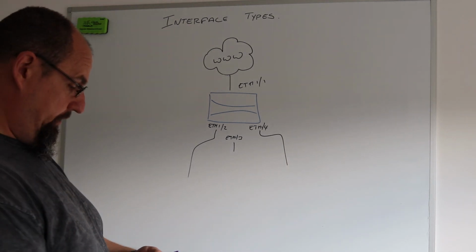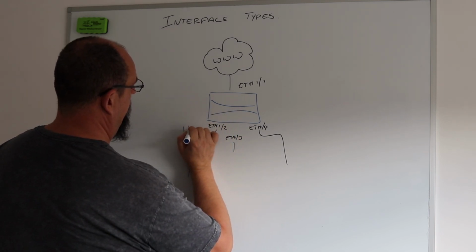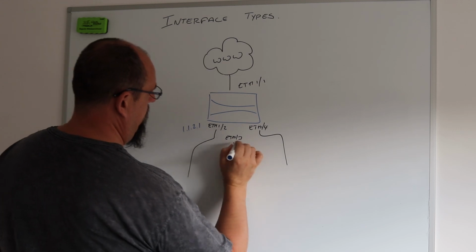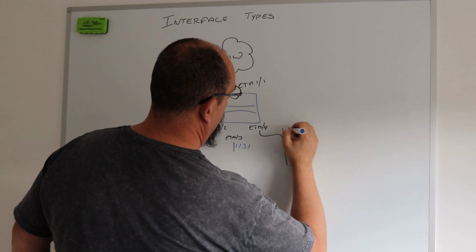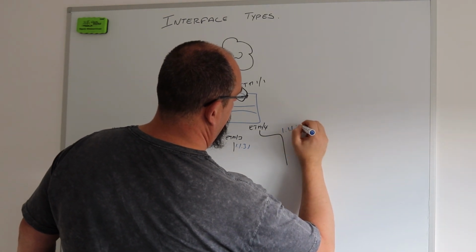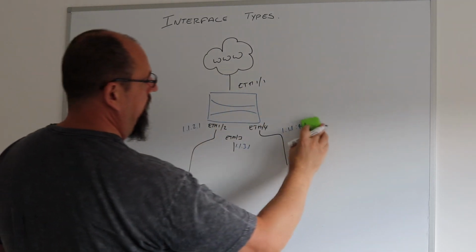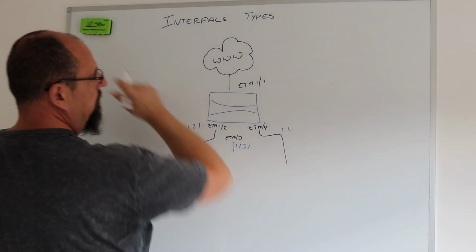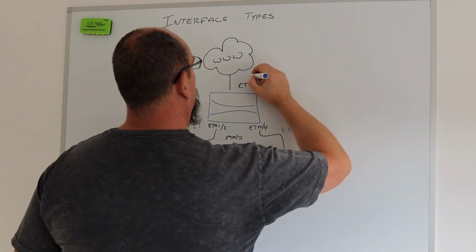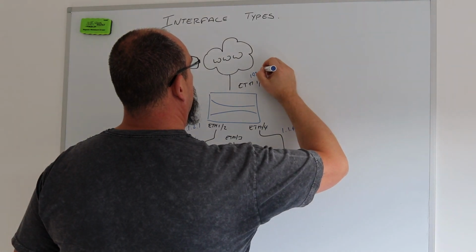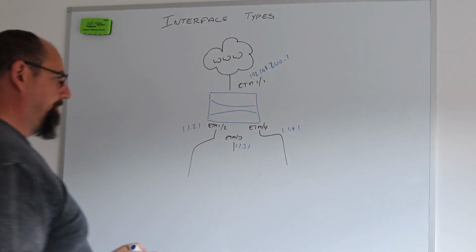And these will all have IP addresses: 1.1.2.1, 1.1.3.1, 1.1.4.1, and 1.1.1.1, and then outside we can have a 192.1.